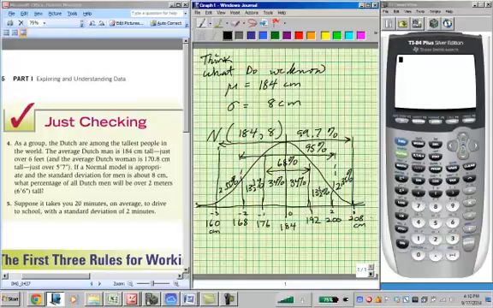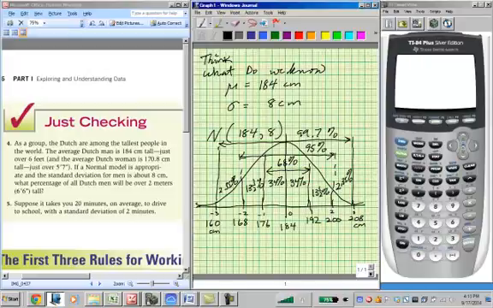Okay, now, where are we with all of this? This is what we know. Since we are told that it's normal, we know that the distribution of heights for Dutch men distributes approximately like this.